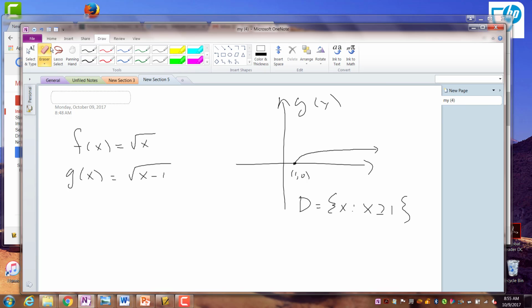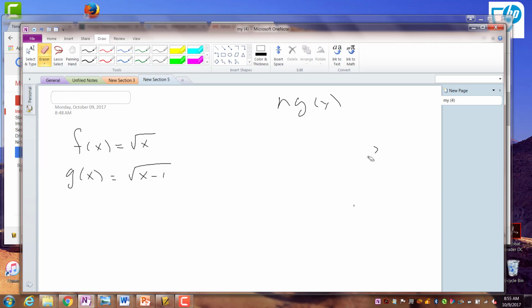Okay, next. Let's make it a little bit trickier. What if we had an h of x function and it was equal to the square root of 2x minus 3?